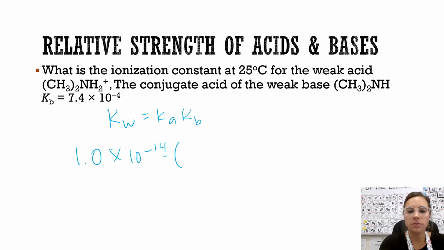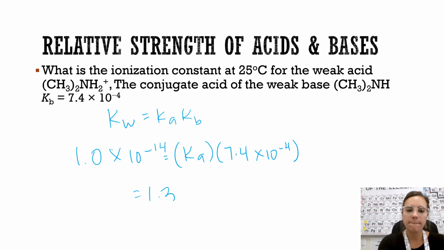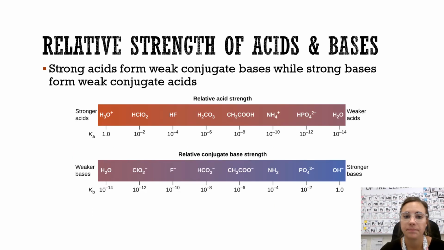That equals Ka times 7.4 times 10 to the negative 4. So when I divide 1 times 10 to the negative 14 by 7.4 times 10 to the negative 4, I get 1.35 times 10 to the negative 11. So the Ka of that conjugate acid is 1.35 times 10 to the negative 11.